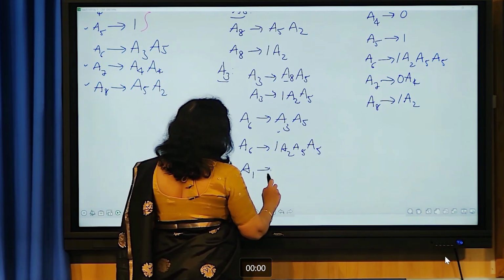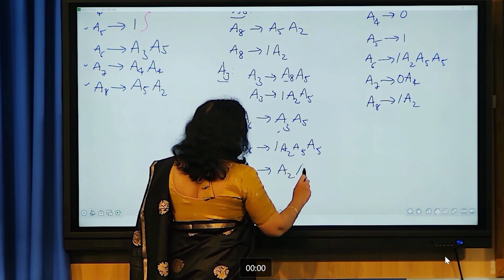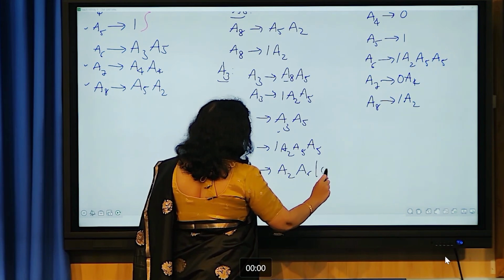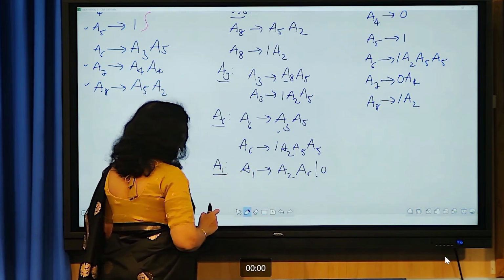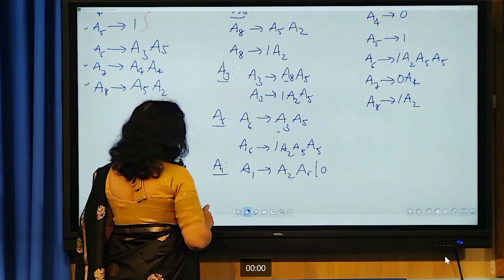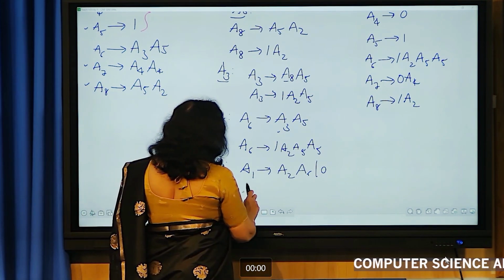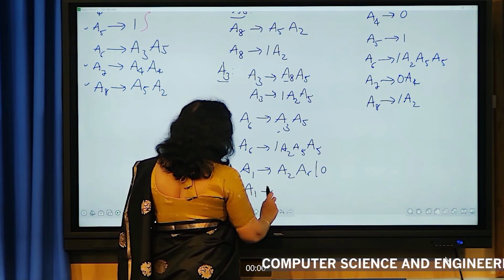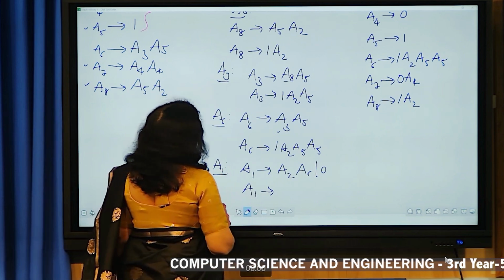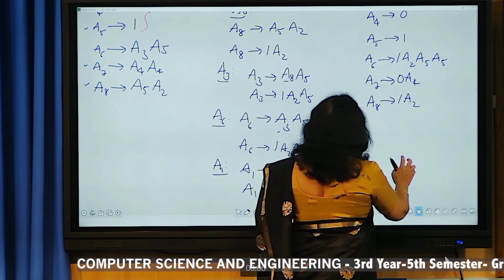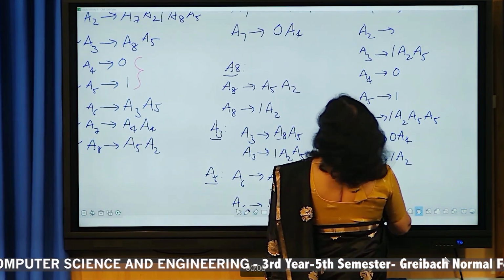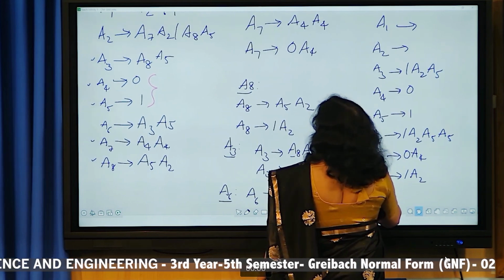This 0 is already in GNF. So what we have to say is A2. Do we have A2? No, we don't have A2. So we will have to finish A2 first.